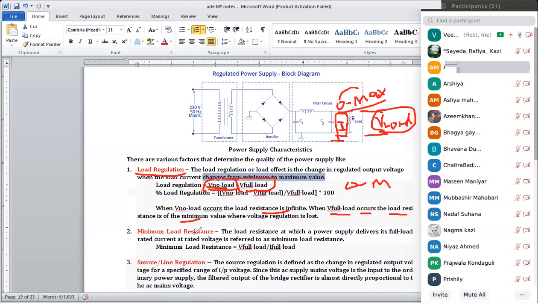Obviously by Ohm's law, when the resistance increases, the current decreases, so the output voltage, the no load voltage, also decreases. When the resistance decreases, the current increases, and the voltage also increases. Okay. So this is load regulation.